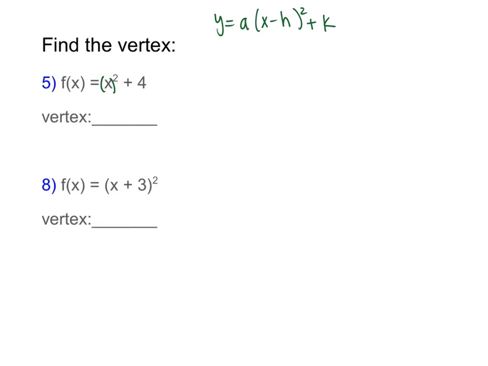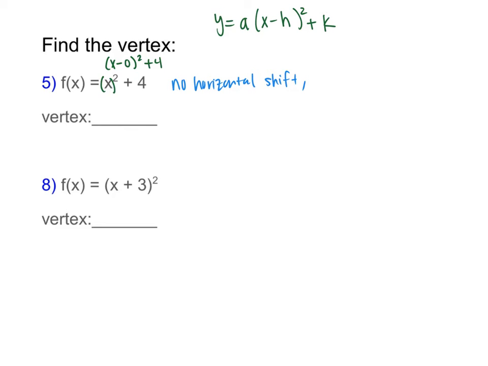It's like if you were to say that this was x minus 0 squared plus 4, right? If I were to put these set of parentheses there and make this inside 0, well, x minus 0 is still an x. So because there's no number inside, there is no horizontal shift, meaning it doesn't go left or right.